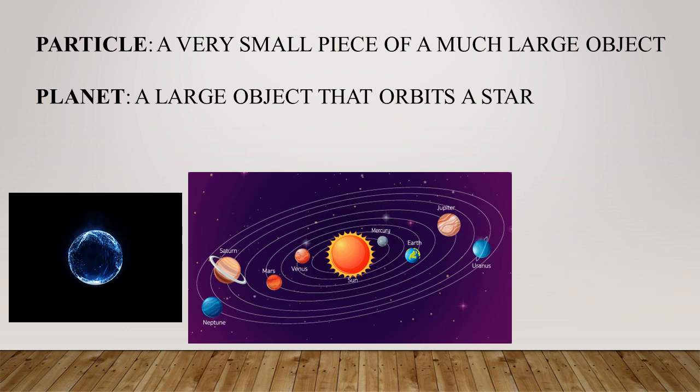All the planets in our solar system go around the sun. Whereas a moon will orbit a planet or another object. A moon will not orbit a sun. So you've got the moon orbiting the Earth, which is a planet. The planet of Earth is orbiting around the sun. A little difference there.